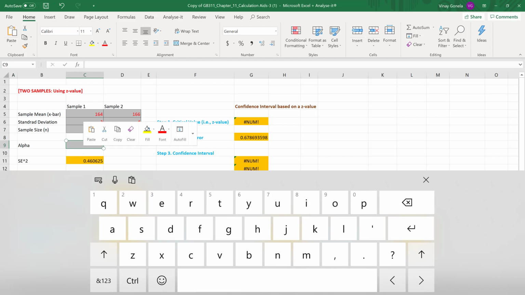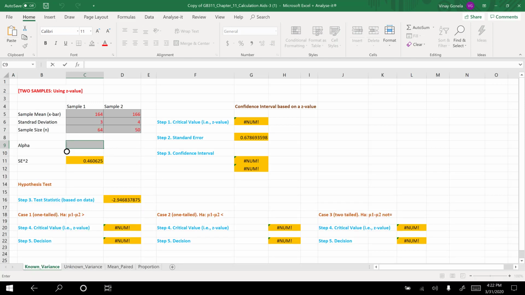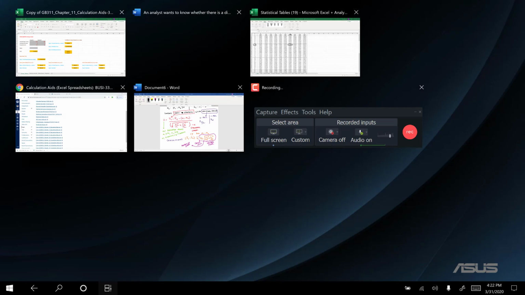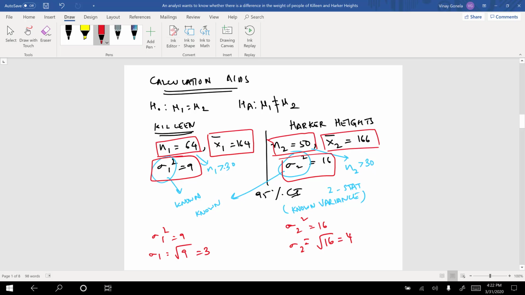And then they are asking us to calculate alpha. They gave us a 95% confidence interval, so alpha would be 1 minus 0.95, that is equivalent to 0.05.